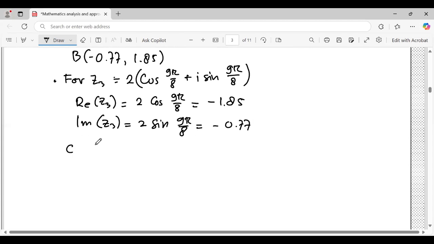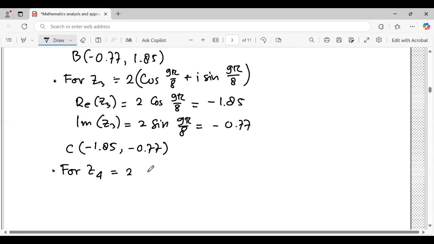So the coordinate point of C is minus 1.85, minus 0.77.